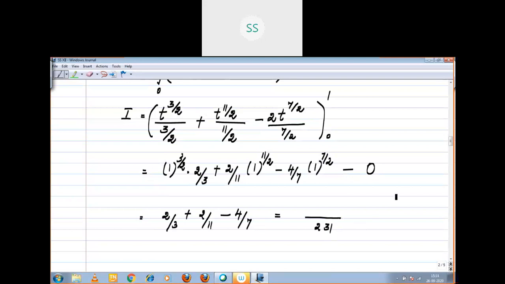Now 7 into 2, 154. 11, how many times? 21 times, so 21 into 2, 42.